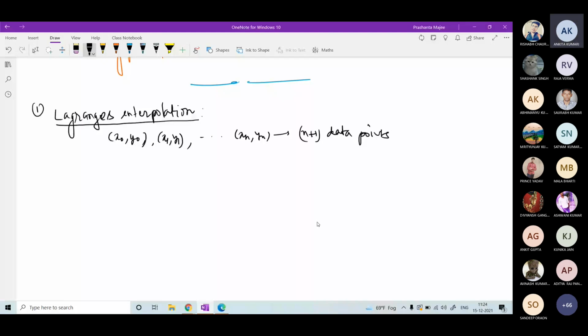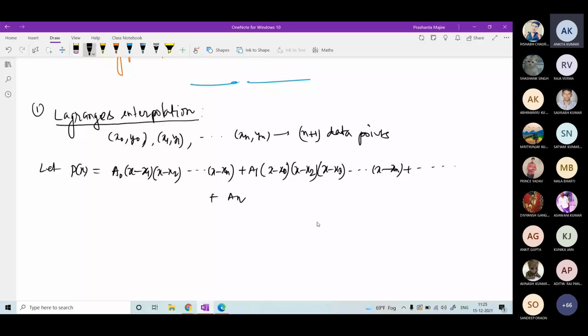So let the polynomial p(x) be a0 (a certain constant) into (x minus x1)(x minus x2) up to (x minus xn), plus another constant a1 into (x minus x0), sorry, (x minus x0) into (x minus x2), the x minus x1 factor is missing there, into (x minus x3) up to (x minus xn), and the last term is an into (x minus x0)(x minus x1) up to (x minus xn minus 1).